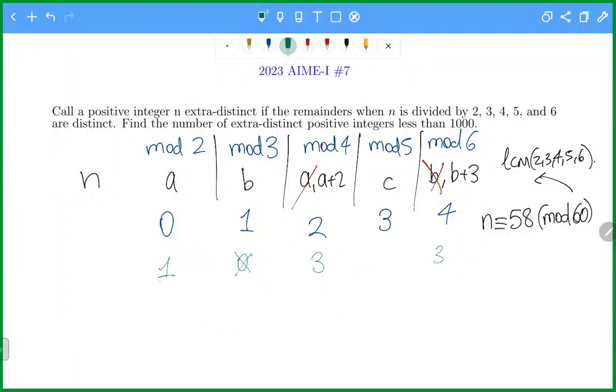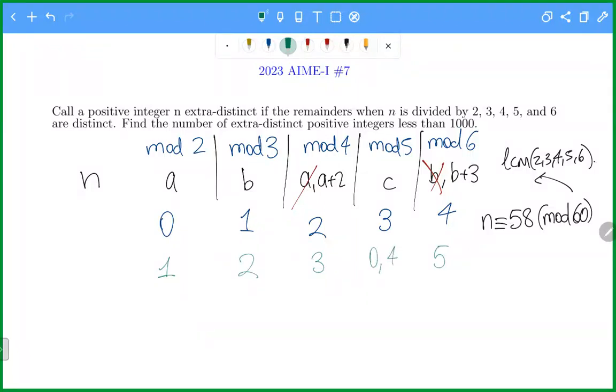It cannot be 1, it has to be 2, right? So b is 2, and 2 plus 3 is 5. And now for c, we have two choices. It's either 0 or 4.